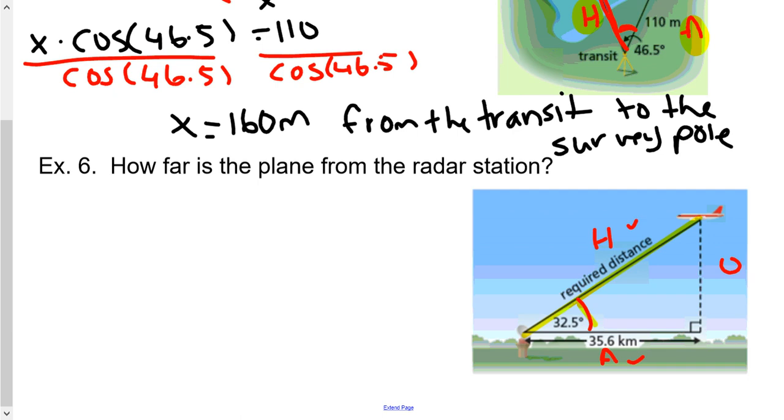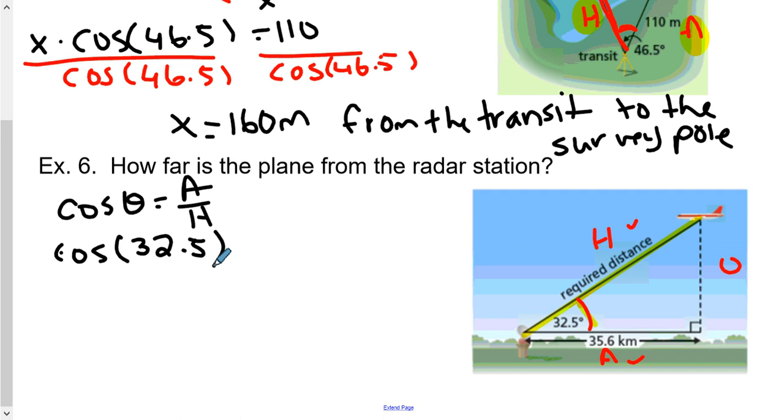You might say to yourself, I'm going to use cosine again. So cosine theta, we're going to get really good at writing these ratios out soon. Our angle this time was 32.5. And that's equal to, in terms of the ratio, an adjacent length of 35.6 compared to our unknown hypotenuse.